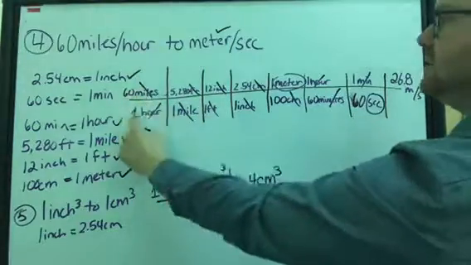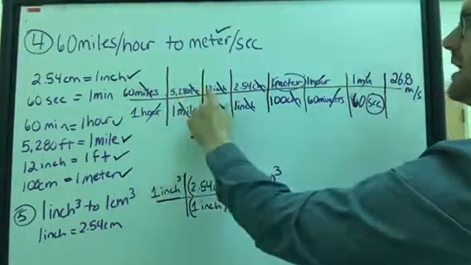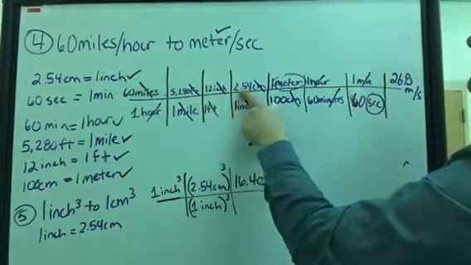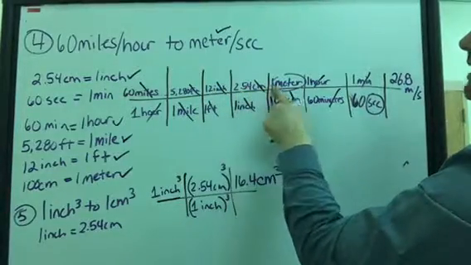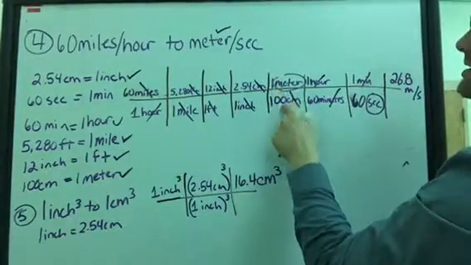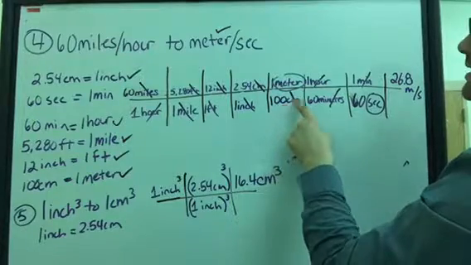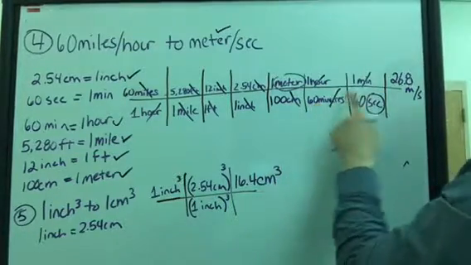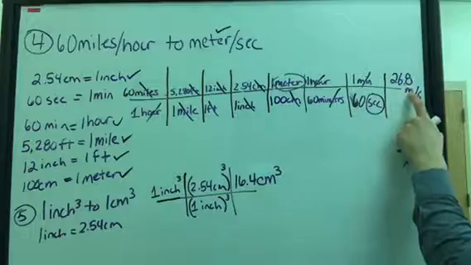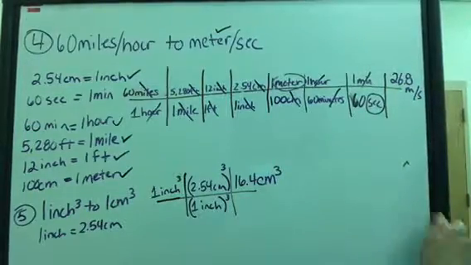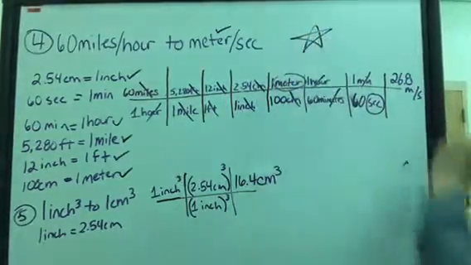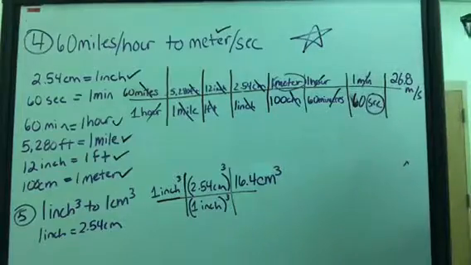So I do 60 times 5,280 times 12 times 2.54 times 1. Divide that by 100, divide that by 60, and we get 26.8 meters per second. That one's the sort of challenge problem there.